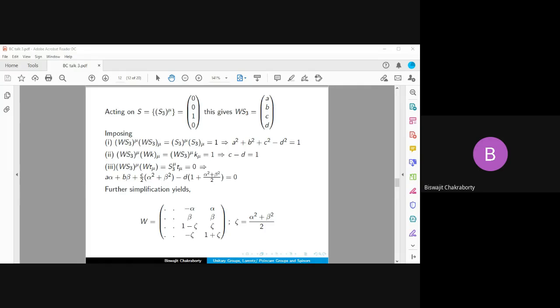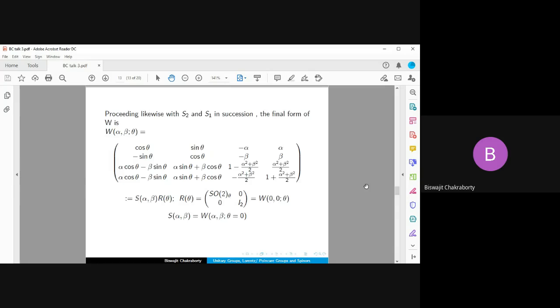Okay, so now please go to the next slide, please. Proceeding likewise for S2 and S3 in succession, you can arrive at a final form of W, which I call W alpha beta theta, which is the 4 by 4 matrix of this form.